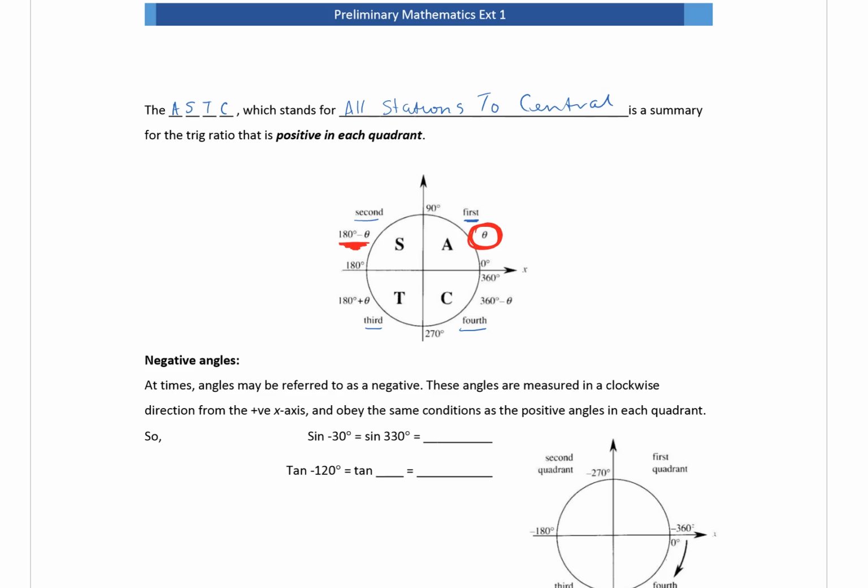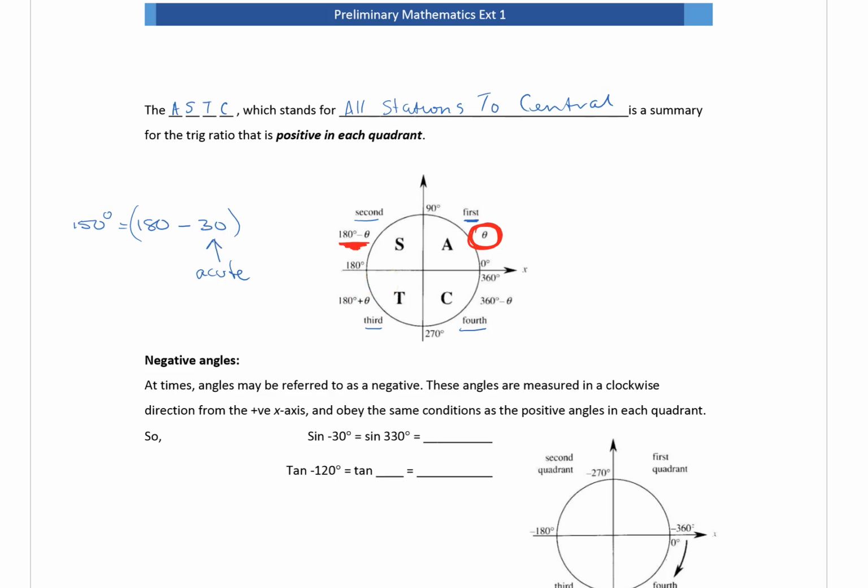So when I'm talking about 150 degrees, I really must associate it or think about 150 as 180 minus 30 so that I have the connection between 150 and an acute angle theta.